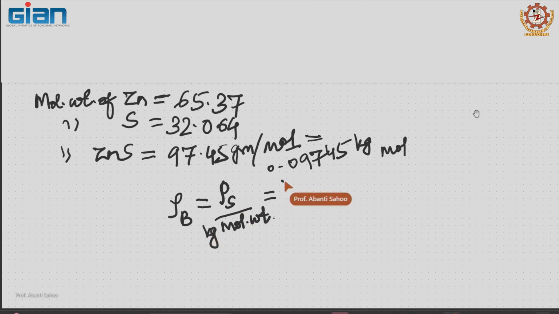So, the density is 4130, divided by 0.09745.